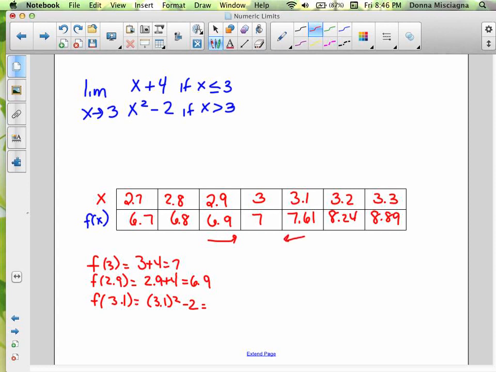It looks like maybe they're going towards 7, but it's kind of hard to tell. Maybe if we chose values that were even closer, it would be easier to tell. Maybe we should graph this and see what it looks like, and maybe that will help us see what the limit of our function is. So let's take a look at the next page where I have a graph.